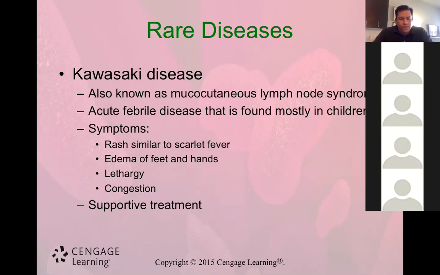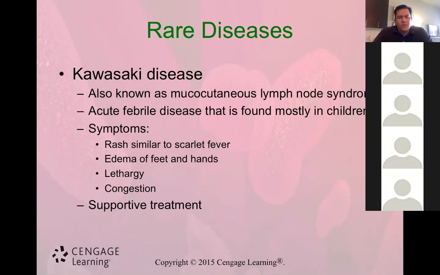So this disorder is an acute febrile disease found mostly in children, as we mentioned before, and causes cervical lymphadenopathy. It resembles scarlet fever because the individual develops a rash and some edema of the hands and feet.